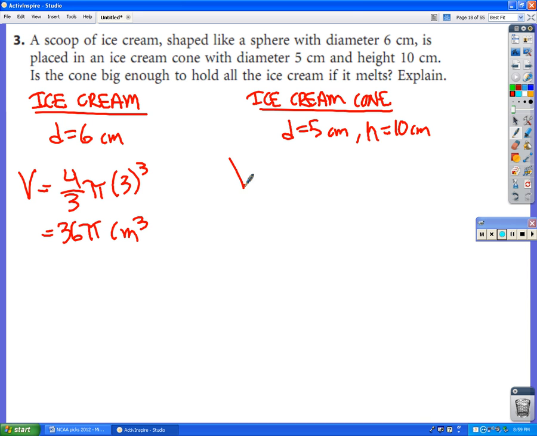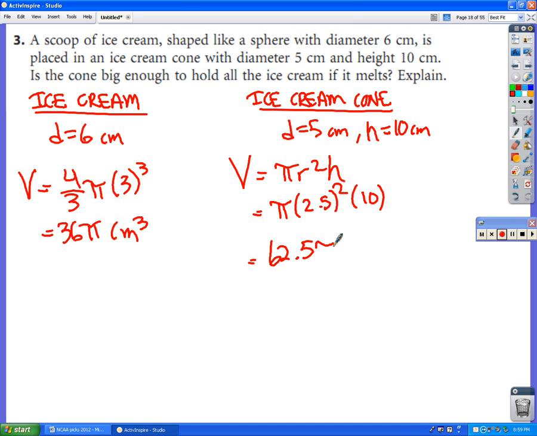Now to find the volume of the cone, I have to go the area of the base, which would be pi r squared, times the height. The radius of the cone is only 2.5, and so if I multiply that out, 2.5 squared times 10 works out to be 62.5 pi for a volume.